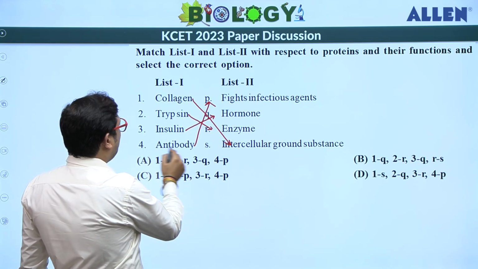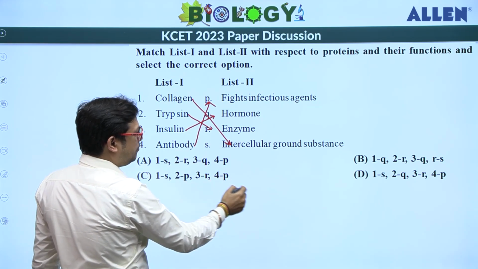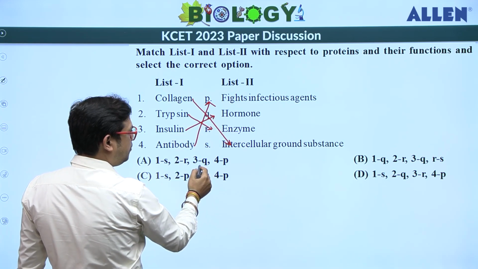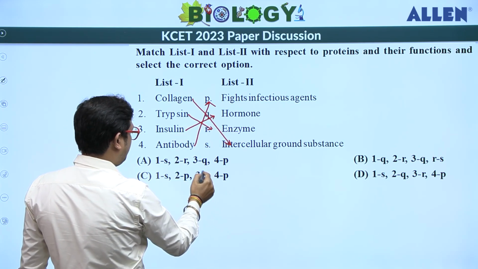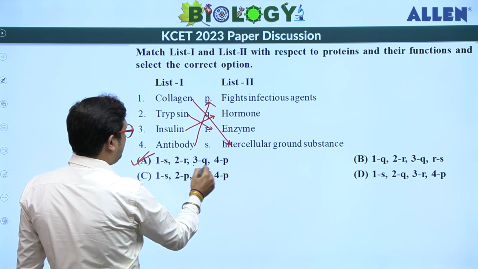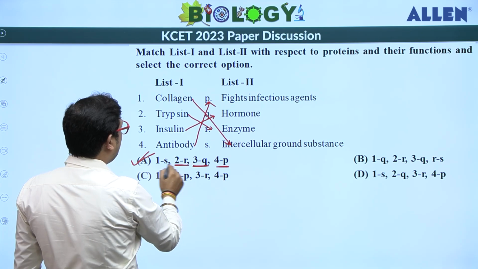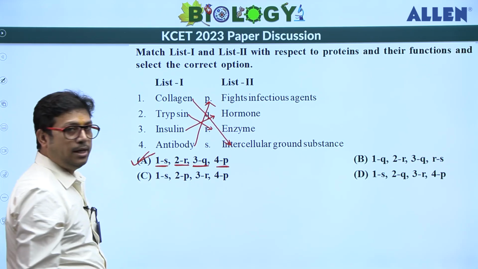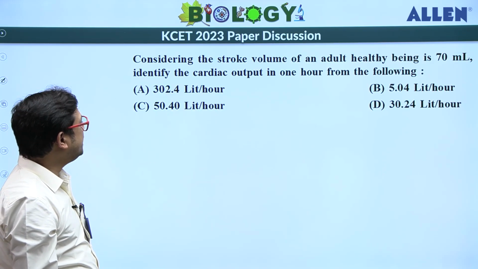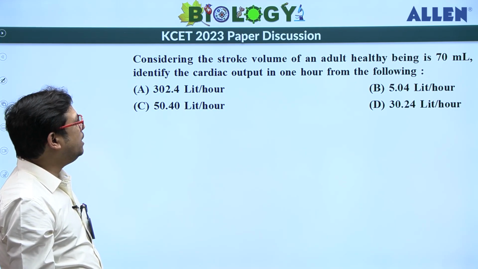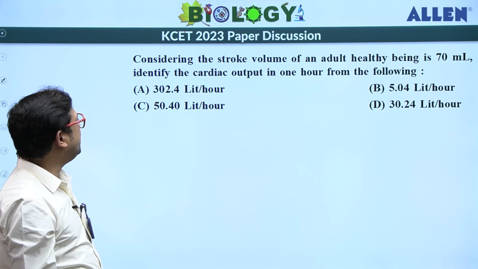So 4 should be P, 3 should be Q. The answer is the first one, 3Q, 4P. 2 is the enzyme, 2 is R, 1 is S. So the answer is A.